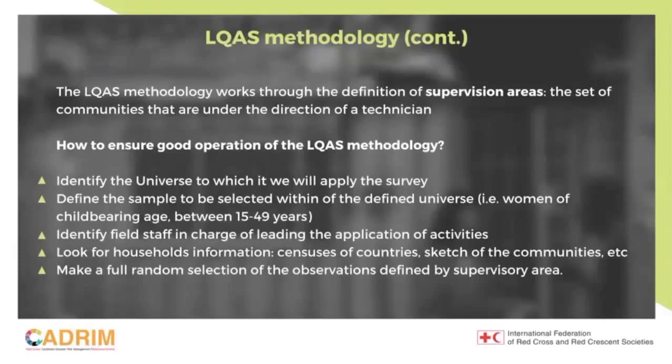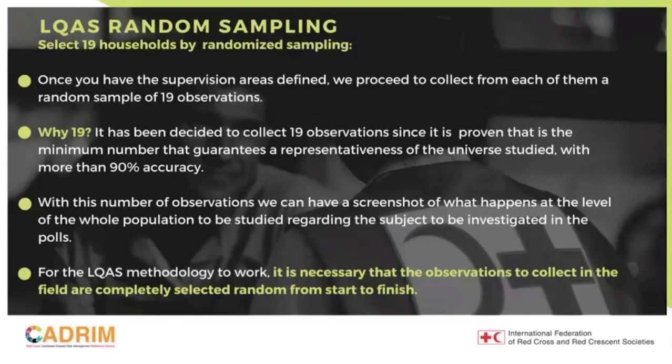And finally, we are going to do the full random selection, that means the random sample of the interviews or the KAP surveys that we are going to implement in each supervision area. We can go to the next slide, please.